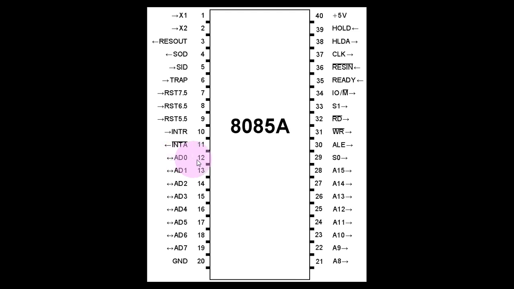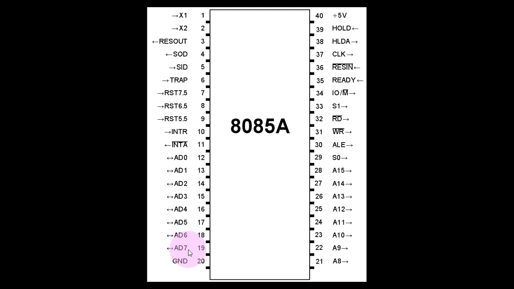This AD0 to AD7 is just one combination, and then A8 to A15 is the other byte. If you talk about the address lines, they start from AD0 and end at A15. A total of 16 address lines are there. And if we talk about data lines, it is from AD0 to AD7 only. That is a total of 8 bits, right?